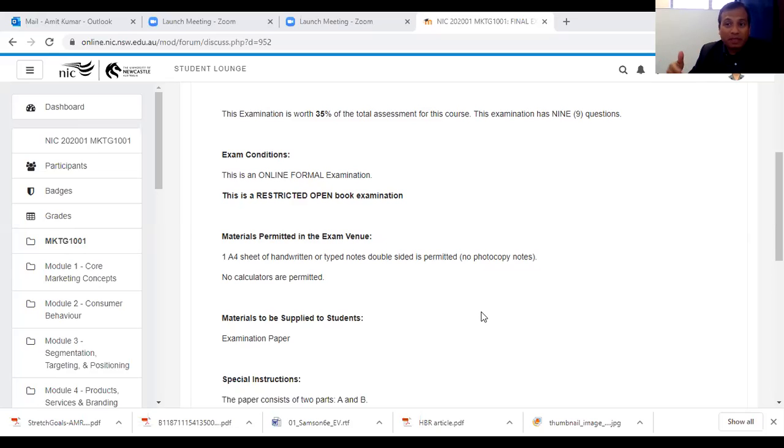You can convert it into a soft copy and keep it as a soft copy in your system. Oh, in my system. Okay. Exactly. You should not spread all the outputs, because it's a restricted open book. So only 2 pages are allowed in front of you. You're not supposed to open books and all around you.